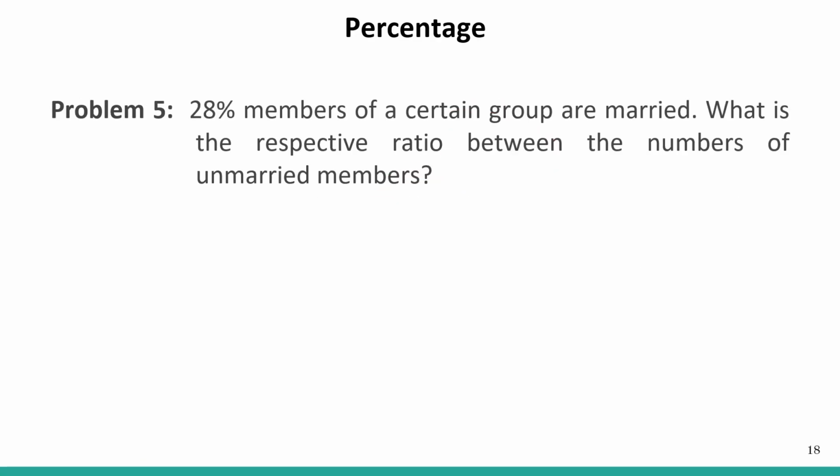Let's see problem number 5. 28% of the members of a certain group are married. What is the ratio between the number of unmarried members and married members?